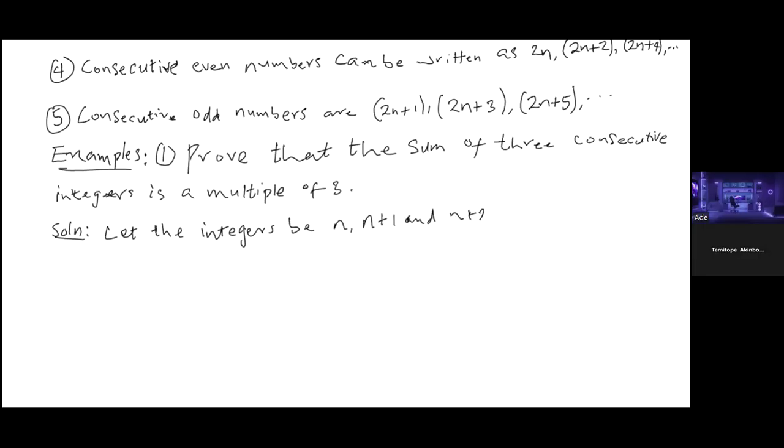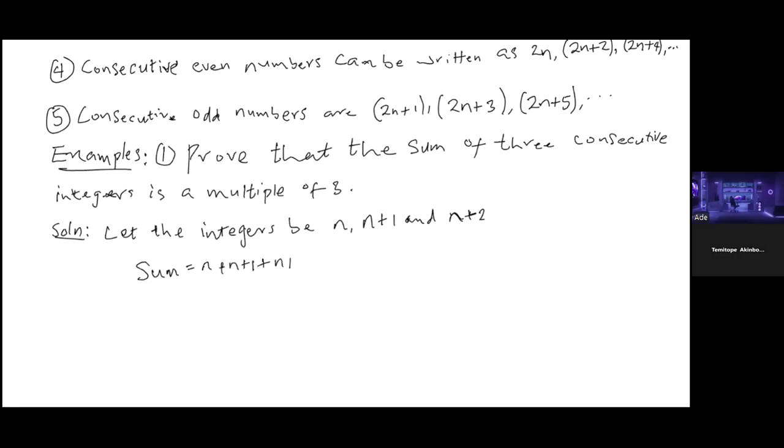Now, the sum of the 3 integers is n plus n plus 1 plus n plus 2.